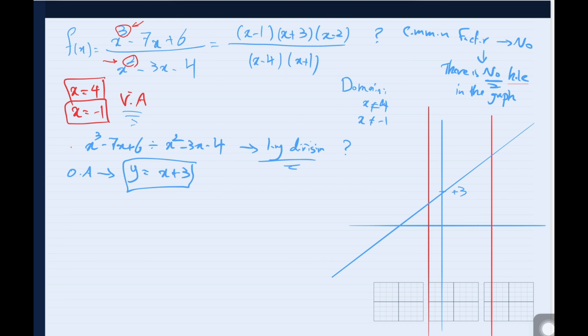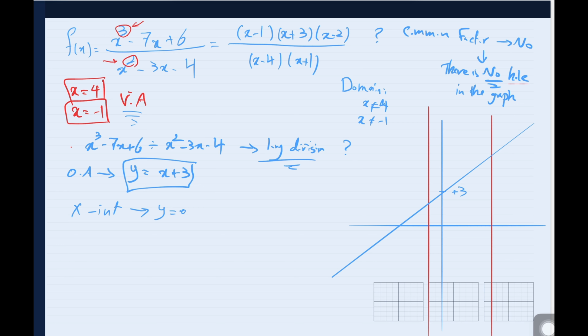Okay, now for the function, I can get a little bit more information. I can find the x-intercepts. For the x-intercept, we have to plug in 0 as y, so y is going to be 0. Then the whole function should be 0, and the rational function will be 0 if the numerator is 0.